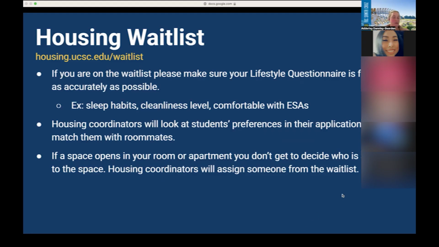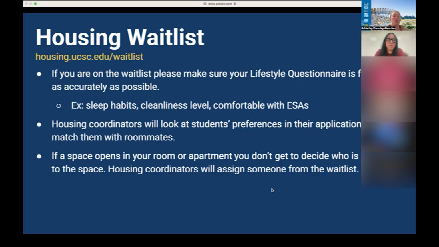We do look at all the preferences in your application when assigning you off the wait list. If a space opens up that you've said in your application that you're interested in, we will assign you. If a space becomes available that maybe isn't exactly aligned with your preferences, let's say you're interested in a bunch of apartment triples at other colleges, and I have one that has become available at Crown, and if I'm able to offer you that space, I will send what's called an alternate offer.